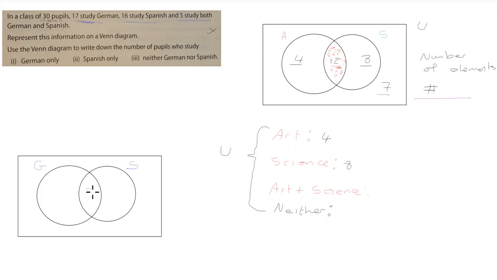They would go in here in the intersect. So G intersect S is going to be in here, and we could write it like this: G intersect S is equal to 5 students. That's this space in here, so we represent this within the intersection by 5 students.